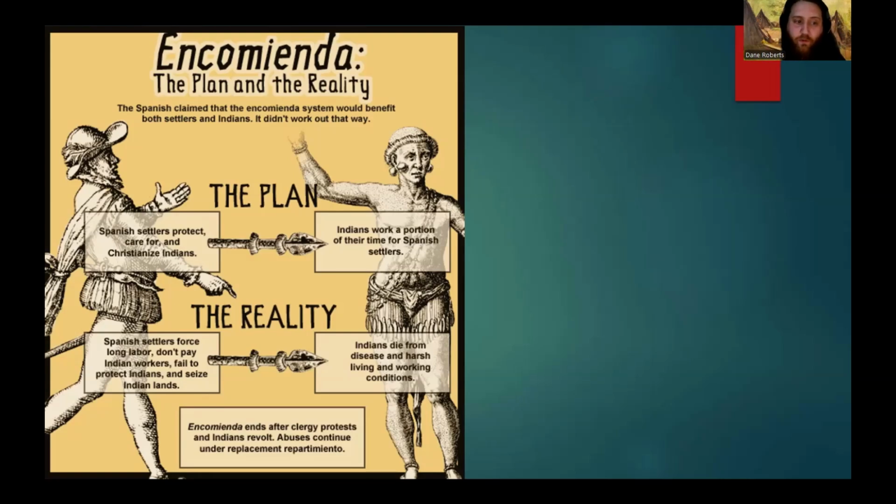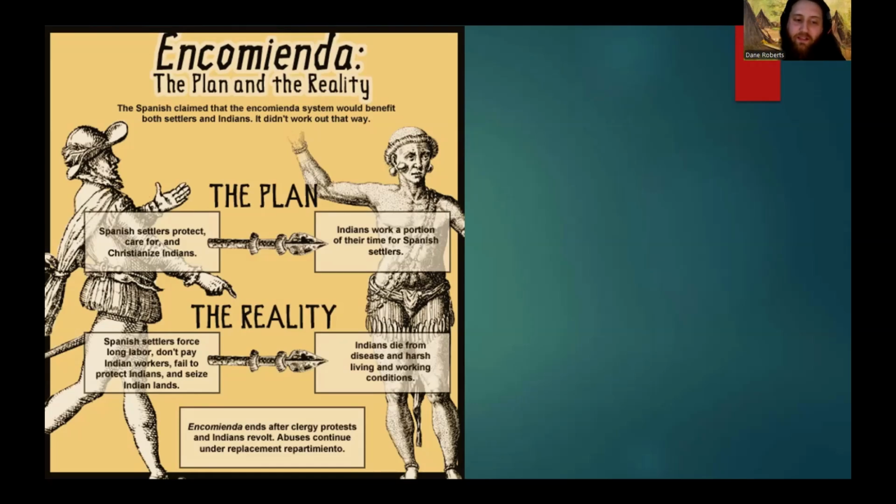Spanish settlers would force long labor. They never paid Native American workers. They often failed to and often outright refused to protect Native Americans and would seize Native American lands. And Native Americans would die from diseases and harsh living and working conditions.